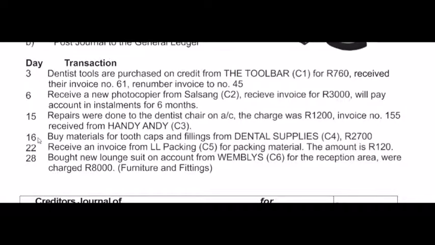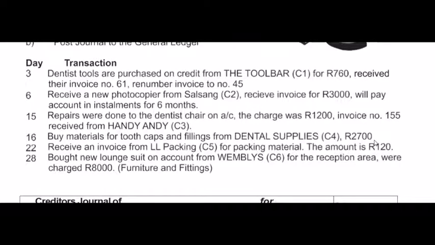Then on the 16th, we buy materials for tooth caps and fillings. Now this is interesting. What will it be? This is what we will use to actually render the service. So we call this consumables. We bought it from Dental Supplies, creditor number 4, for 2,700 Rand. Now in this transaction, they didn't specify that it's on credit or on account.